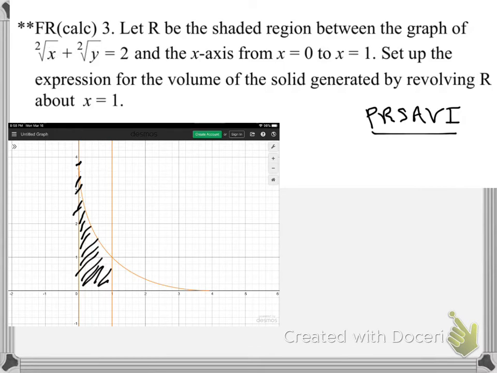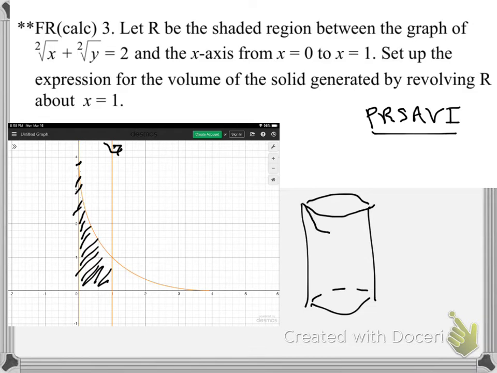I want to take it and rotate it around this line right there. When that happens, I'm going to get this shape. Oh, that was horrible. But it's going to have this kind of bowl missing, and actually that bowl probably comes way lower.